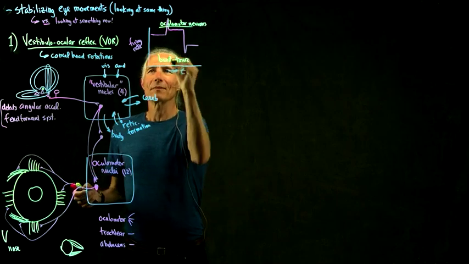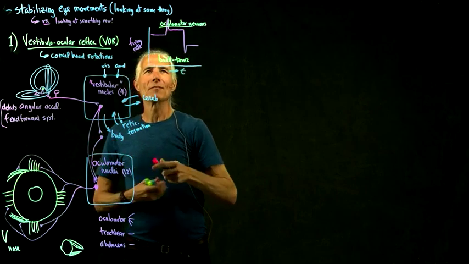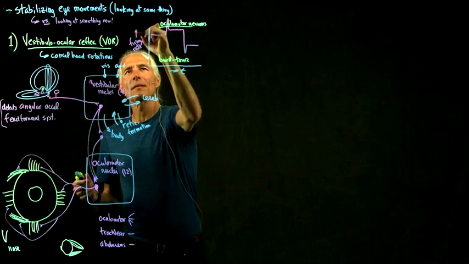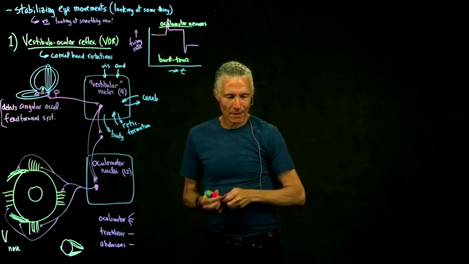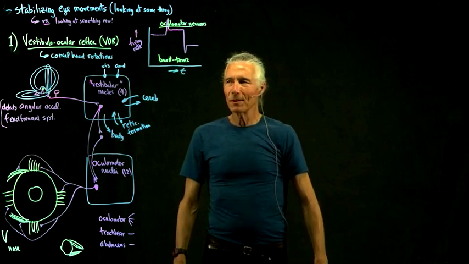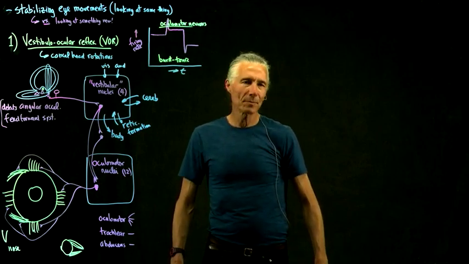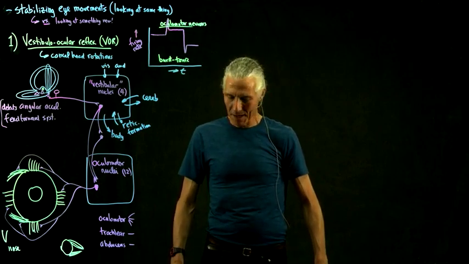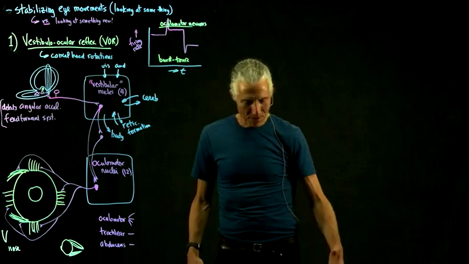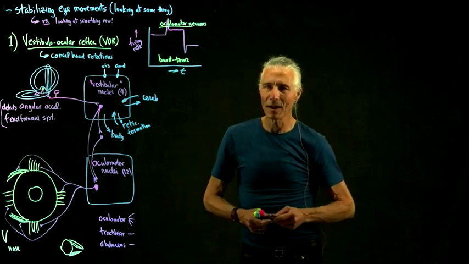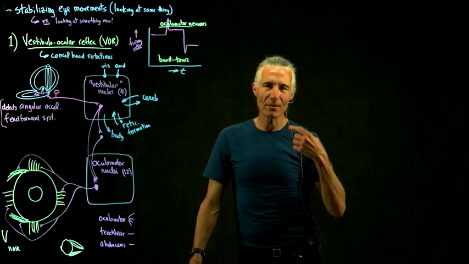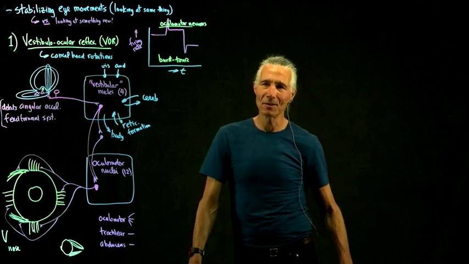Okay, so that's time there, firing rate going this way. So that's the final output, and this is a very high performance feed forward system that basically just keeps the world still. And like I said, it's one of these things like you don't realize how good it is until it goes wrong. And if it goes wrong, if you ever get an inner ear infection, man, you're in deep doo-doo.